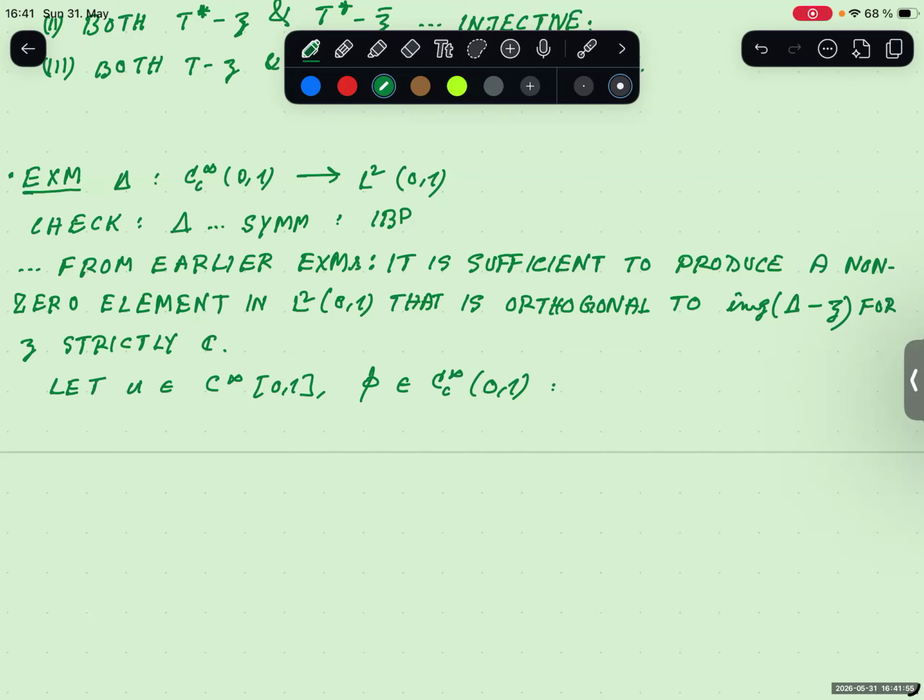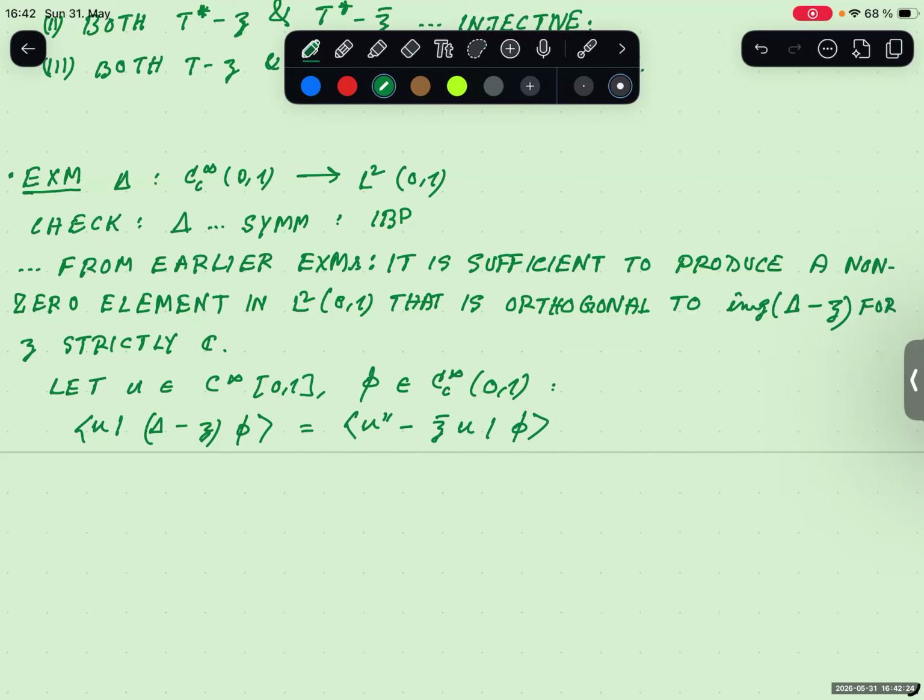Now we do what we do, integration by parts. So u times Laplacian minus z phi equals, as we have shown, if you take the other side, u double derivative minus complex conjugate of z u, phi.